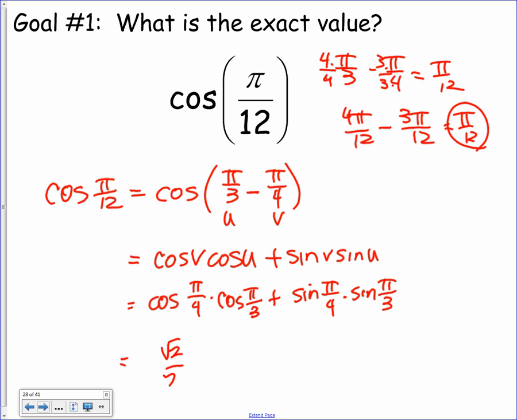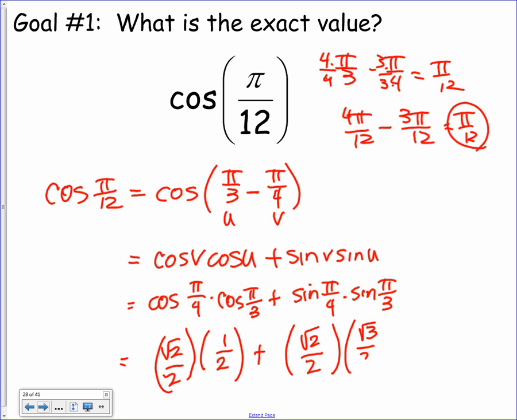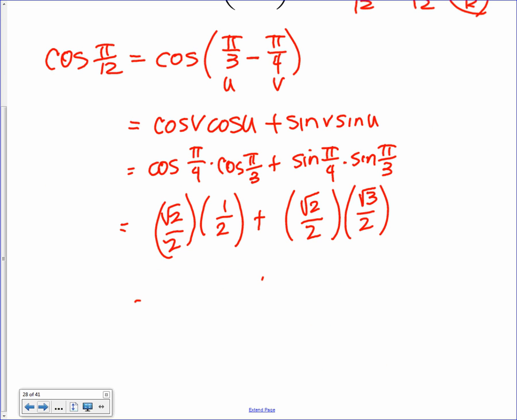What is the cosine of pi over 4? Well, that's root 2 over 2. What's the cosine of pi over 3? Hey, that's 1/2. What's the sine of pi over 4? Root 2 over 2. What's the sine of pi over 3? That's root 3 over 2. So what's my answer over here? This is the square root of 2 over 4 plus the square root of 6 over 4.